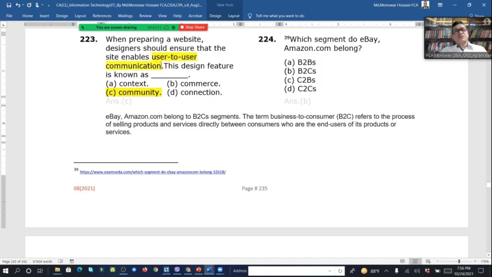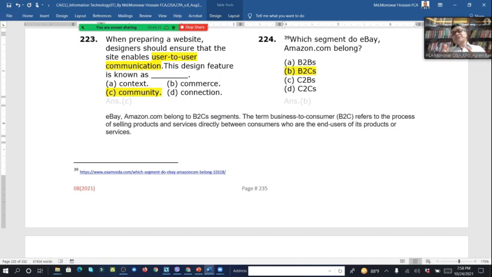The design feature is known as community. Which segment do eBay, Amazon.com belong to? Which segment? That means business to business, business to consumer, consumer to business, or consumer to consumer. Here the answer is business to consumer, because Amazon, eBay, etc., they are the business, that organization.